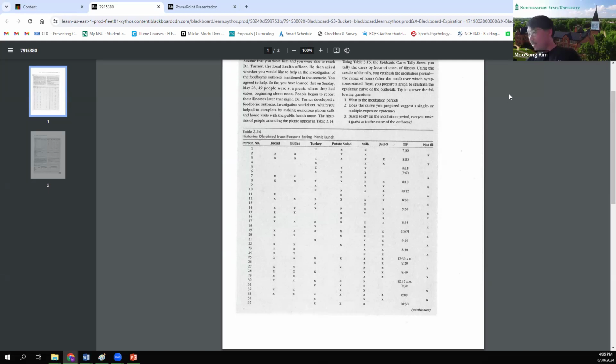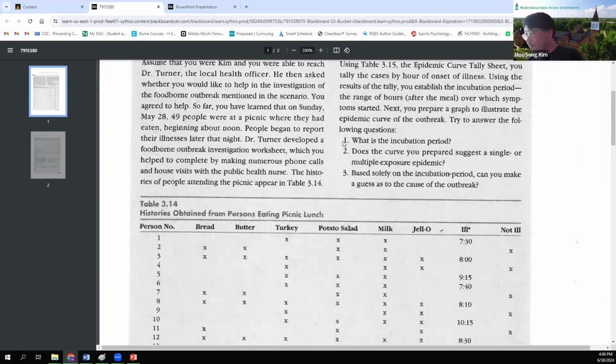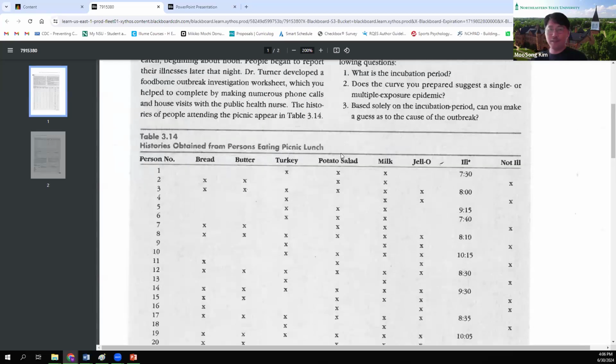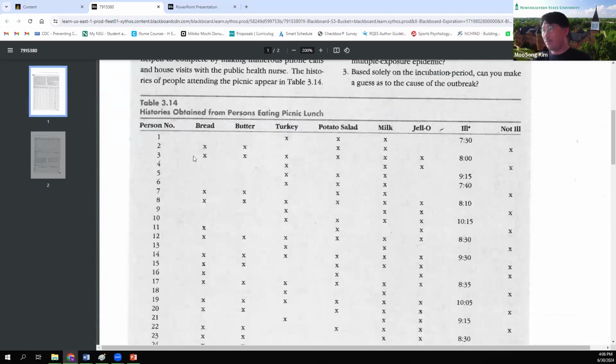As you can see in this table, using this table we need to calculate the attack rate. Let me show you how to calculate this attack rate.